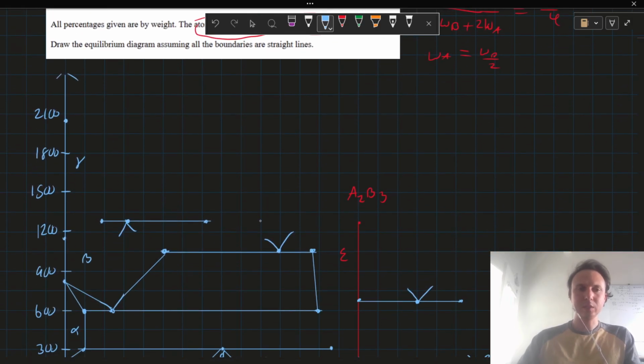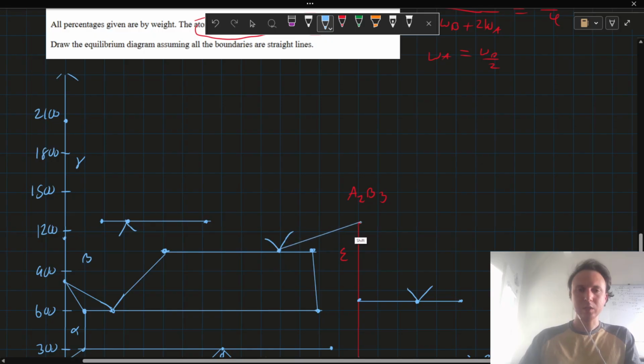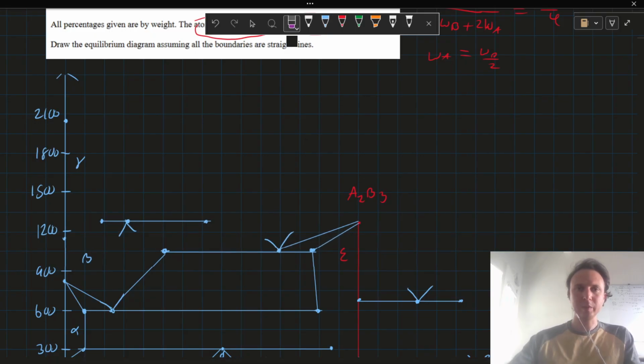So what that lets us do, let's see, we're gonna want to connect these. I'm gonna erase this one, so this is the actual thing. Then we're gonna have liquid up here. So down here it should be beta plus epsilon. This one will be liquid plus epsilon, and down here we should have like a beta plus liquid, something like that.